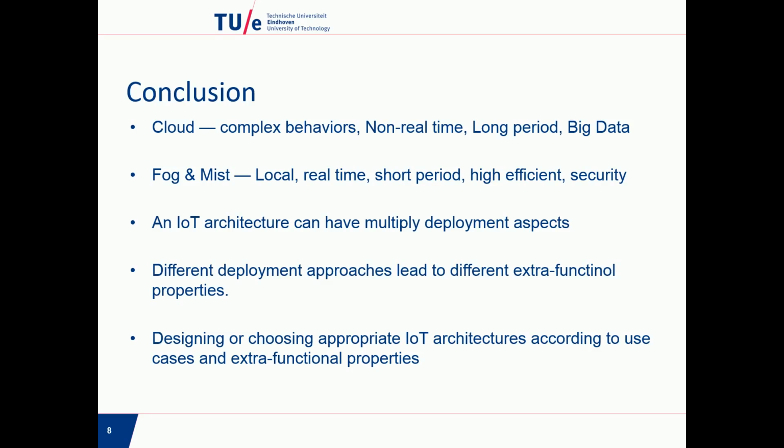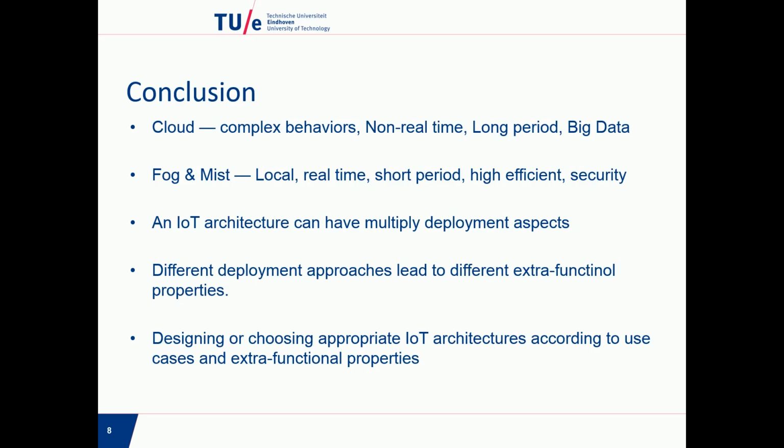This makes the cloud fit for analyzing non-real-time, long-period big data and deciding the complex behaviors of the devices, while the mist and the fog fit for executing real-time tasks and analyzing local data because of their less storage and less processing capacities, but lower latency.